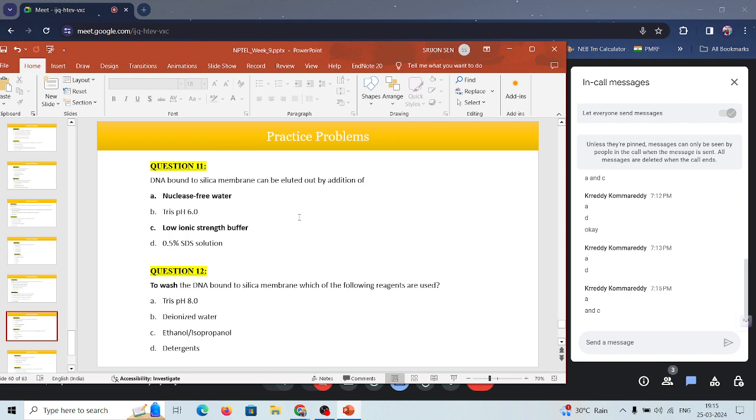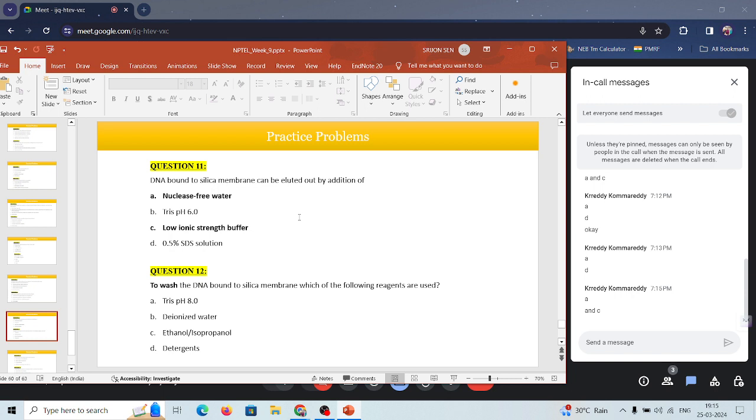So during plasmid extraction, we have a few important steps where we have firstly RNase treatment, then we have lysis by alkaline lysis, then we have the renaturation using the neutralization buffer, then we have the washing step, and finally elution. So what is present in the washing buffer, or what is that washing solution?